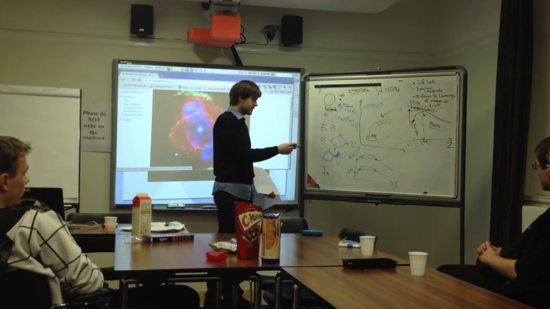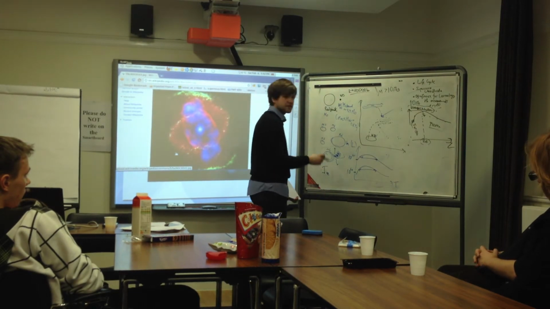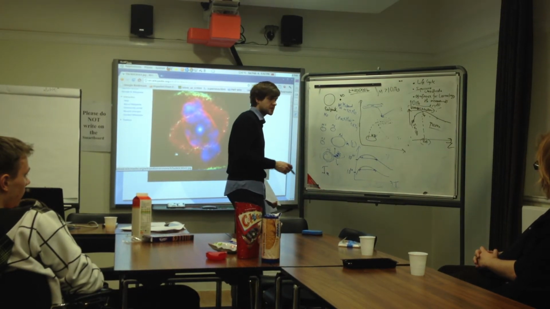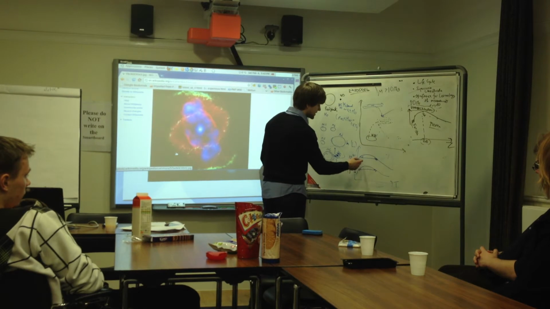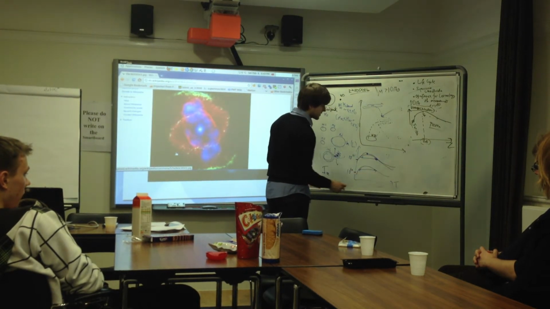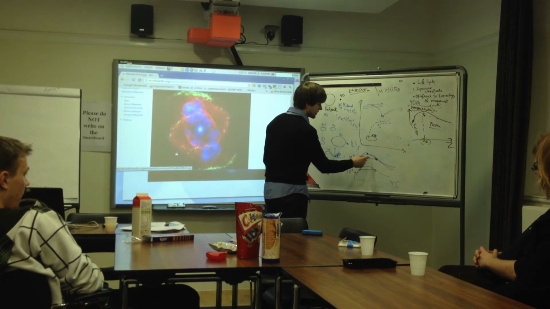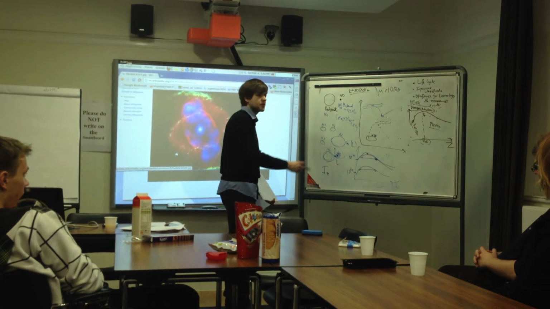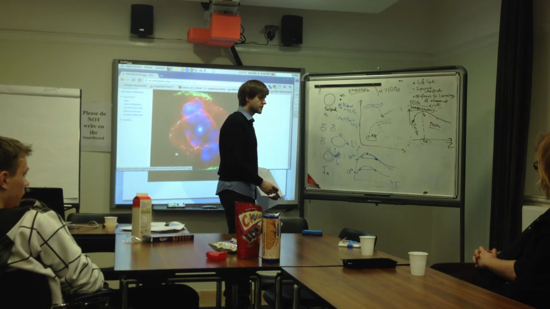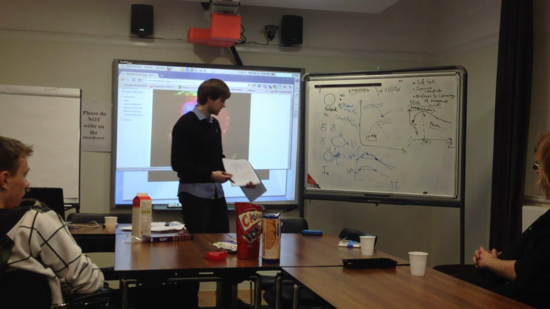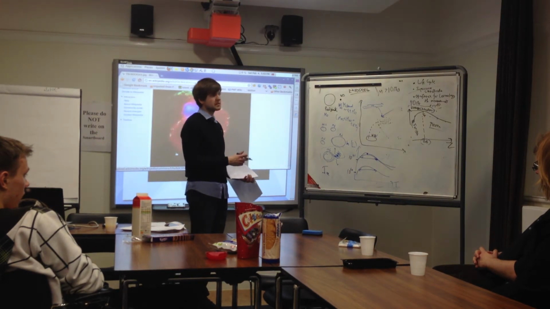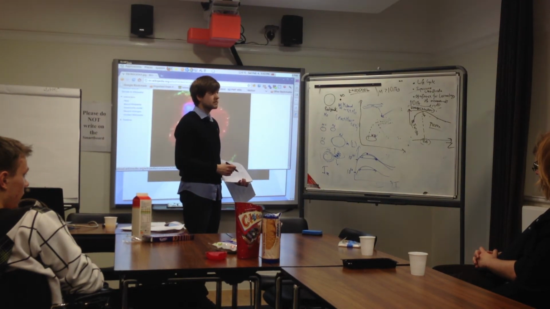And then the only thing is that they are standardizable candles, so you can standardize them by measuring the width of the light curve as it brightens up, reaches the maximum, and then fades. You can measure the width of this curve, and the width of this curve tells you the absolute luminosity of the object. And that's the most interesting thing for cosmology.